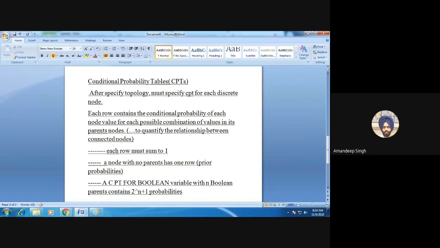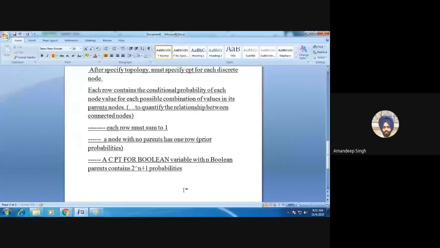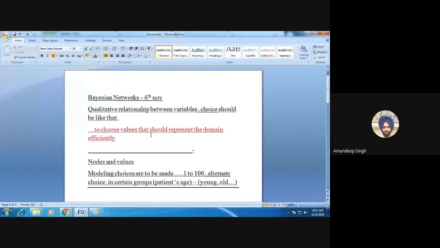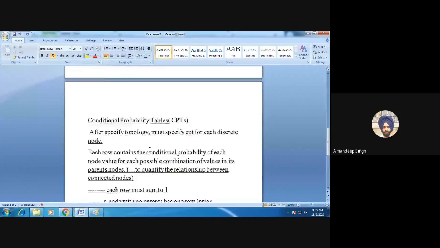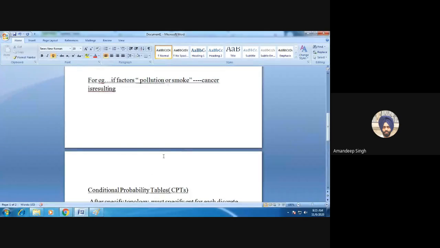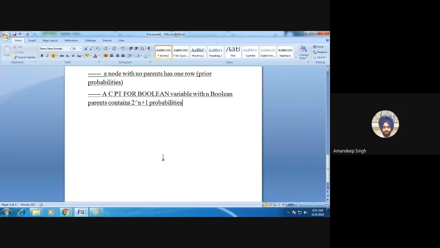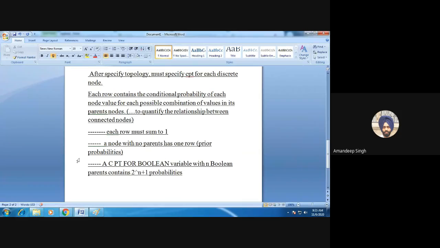So this is the variable factor. If it has got n Boolean parents, then the number of probabilities will be 2 raised to power n plus 1. So whatever text I am writing in here should be observed carefully. From this text also, you will be getting the questions in your quiz and MSTs.